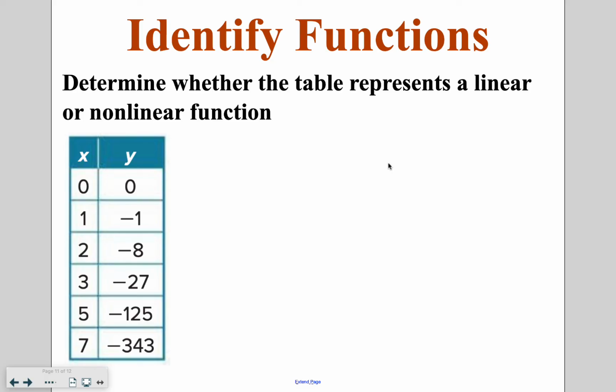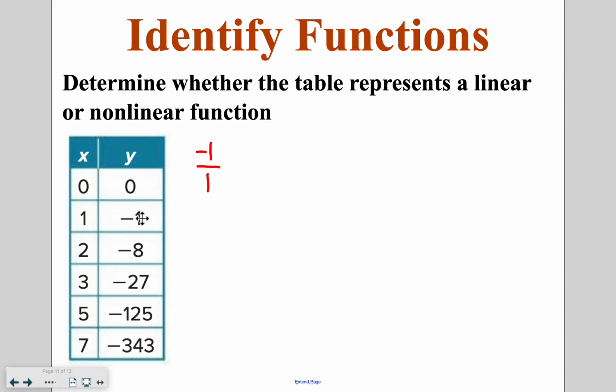Finally, we're going to determine linear or nonlinear based on a table. In order to do that, you are looking at the change values for the y's compared to the x's. So in my first group, I go from 0 to negative 1, which is a change of negative 1, compared to 0 to 1, which is a change of 1.